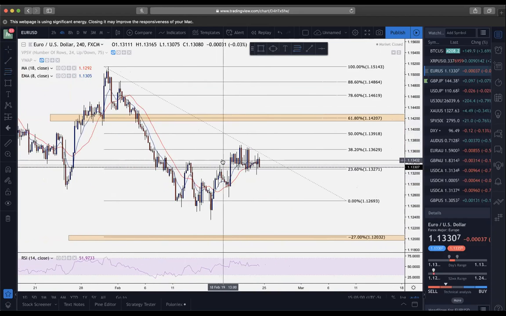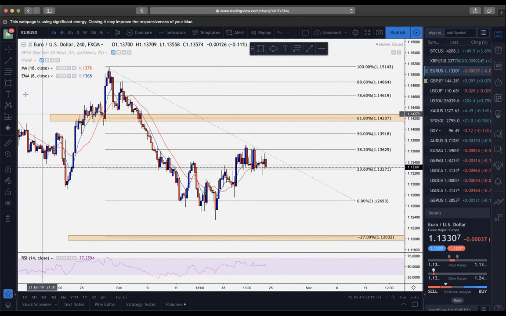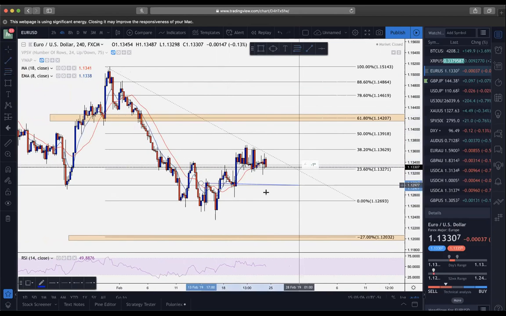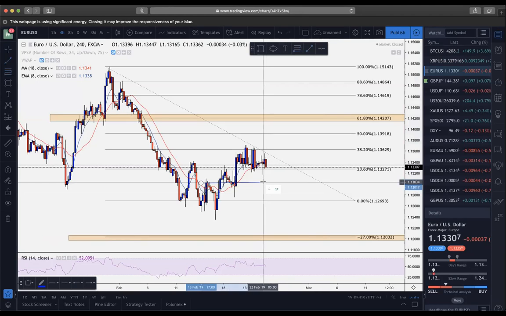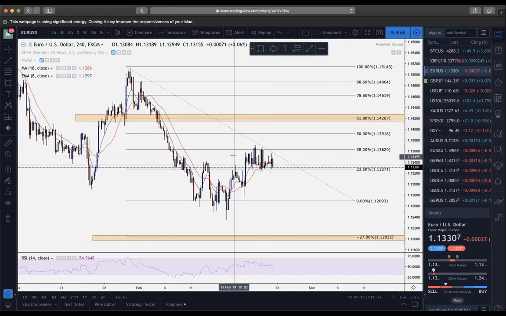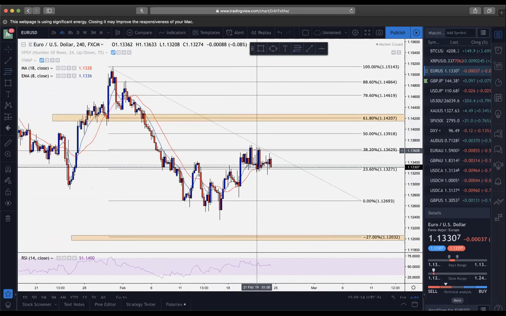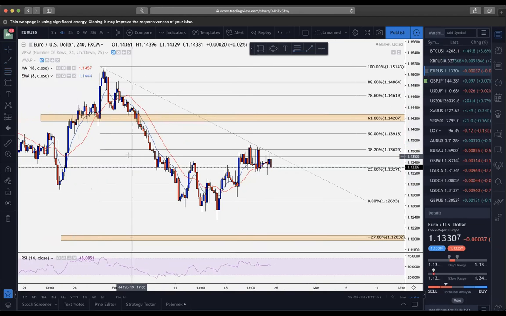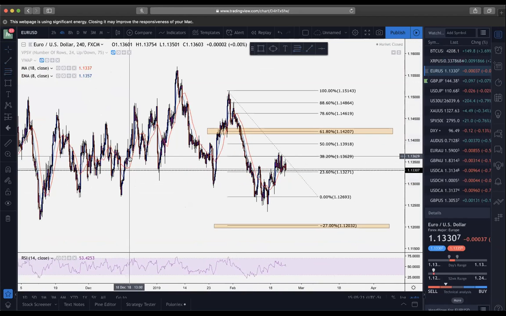So some people may think that this is like break momentum to the upside. But really on the 4 hour, we've made our first higher low just now. So we came down. Price has been going down.